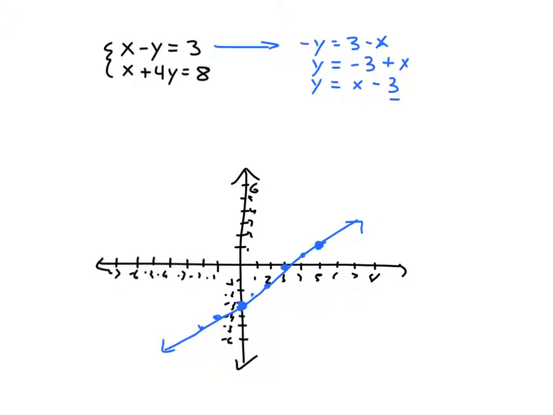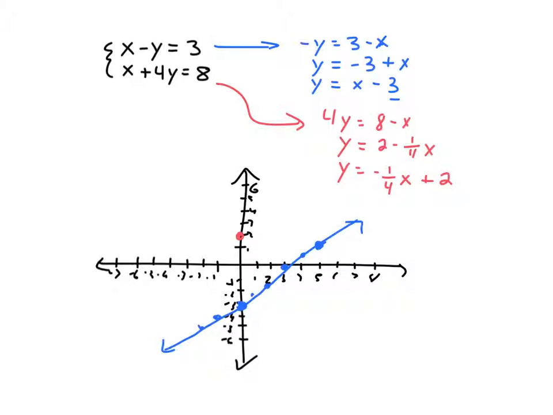Now let's do the second equation. Let's get it into slope-intercept form as well. I'll bring the x over to the other side by subtracting x from both sides. Then divide everything by 4. So I'll have 2 minus 1/4 x. So this is y equals minus 1/4 x plus 2. The y-intercept is 2, and the slope is negative 1/4.